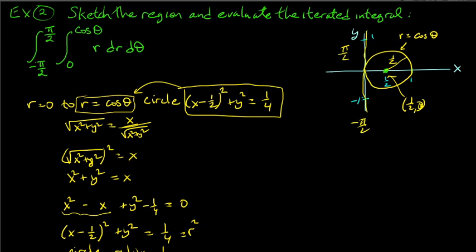In other words, we're just rotating from the negative y-axis to the positive y-axis, and that should fill in the entire circle. In other words, what we're getting is the area of this circle. So that's what this double integral represents.